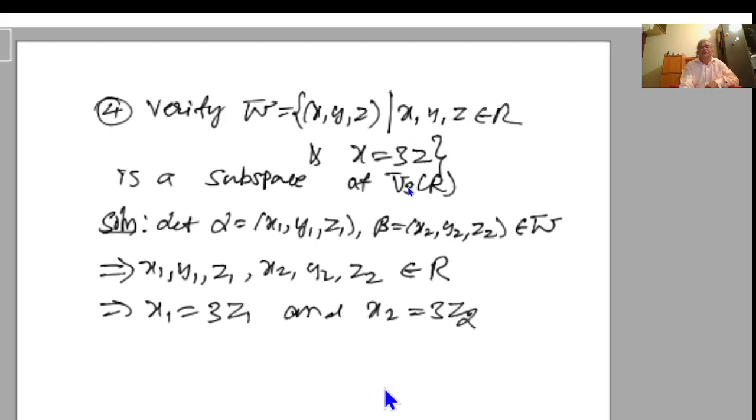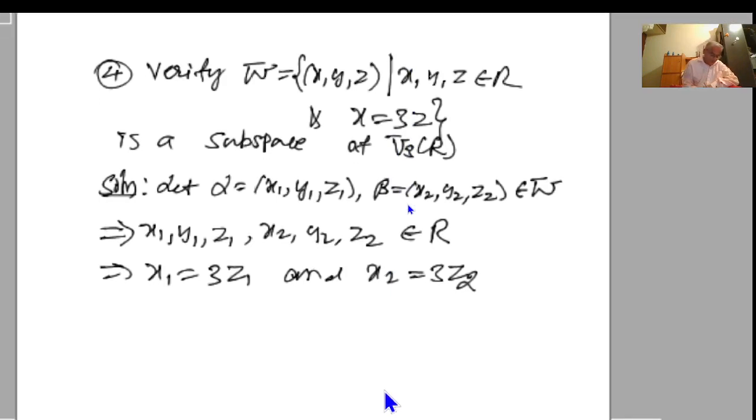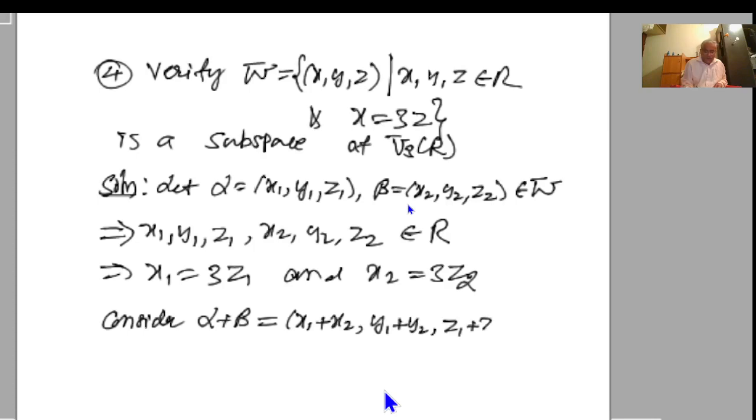Now we have to prove that alpha plus beta belongs to W. So consider alpha plus beta. This is equal to x1 plus x2, y1 plus y2, z1 plus z2. We have to show that this belongs to W. This vector belongs to W if x1 plus x2, y1 plus y2, z1 plus z2 belongs to R and the first element, that is x1 plus x2, is equal to 3 times z1 plus z2.